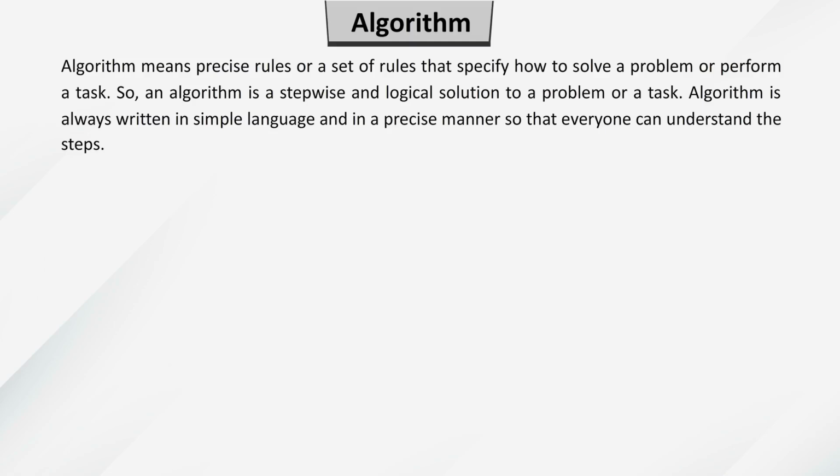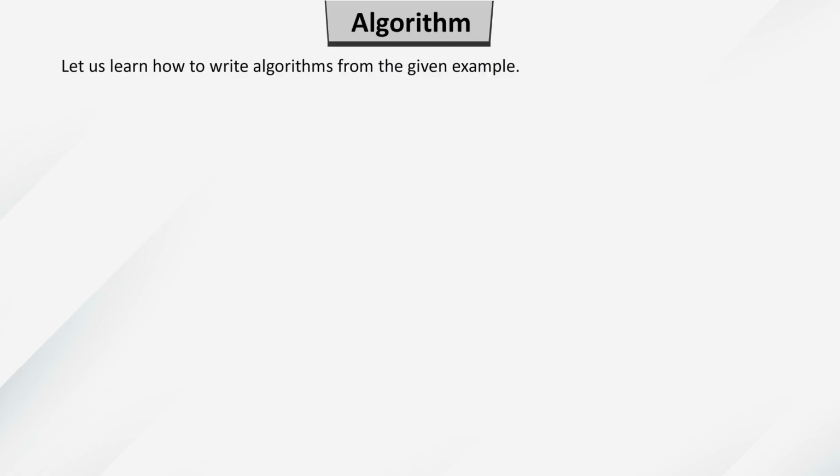So, an algorithm is a stepwise and logical solution to a problem or a task. Algorithm is always written in simple language and in a precise manner so that everyone can understand the steps. Let us learn how to write algorithms from the given example.